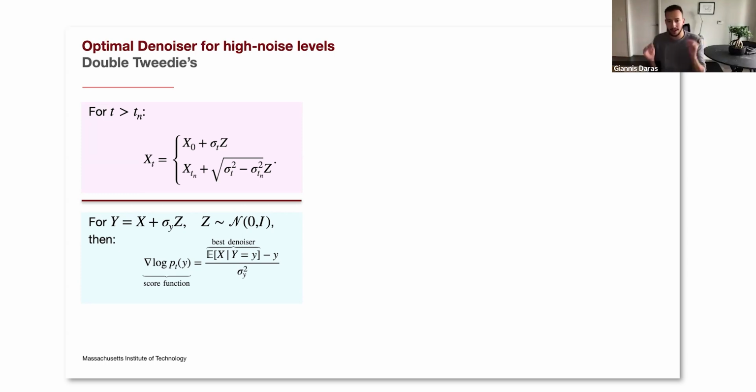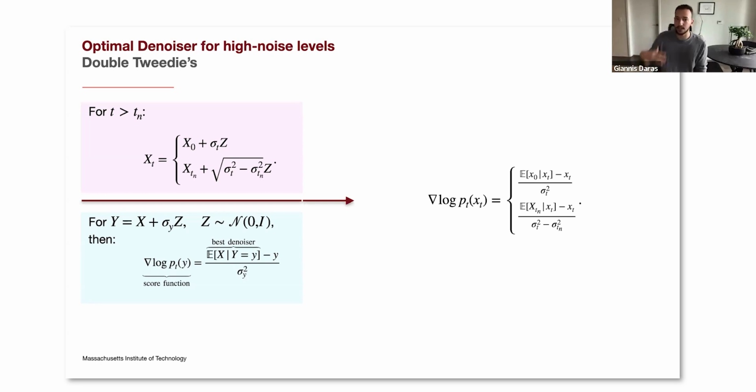That was engaging. Now let's see how this is useful in our case. It is useful because this holds for y being a noisy version of something, but our xt is a noisy version of two things. It's a noisy version of x0, and it's also a noisy version of xt nature. So what this means is that we can apply this formula twice.